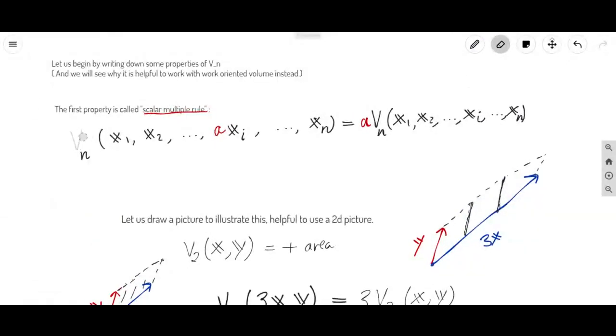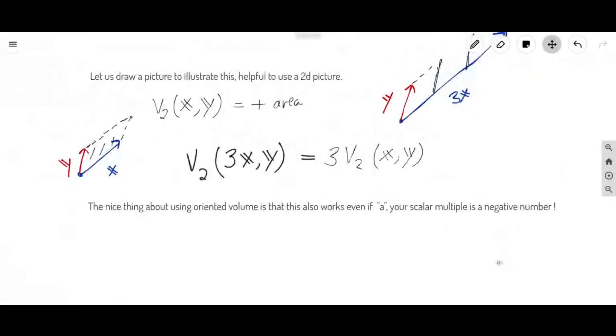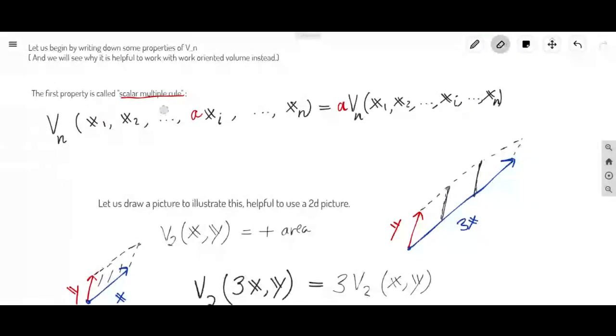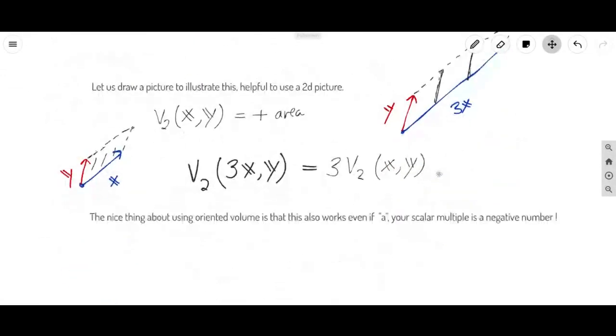If you used volume in the absolute sense, where you're only working with positive volume, you would have a problem with this. If this number is negative, you're saying the volume is equal to a negative number. So you would have to fix it by maybe putting an absolute value of a. But anytime you start introducing absolute values into a mathematical expression, you're making it more complicated. It looks a lot simpler when you're doing it with orientation, because now you can just factor it out by itself without anything at all.